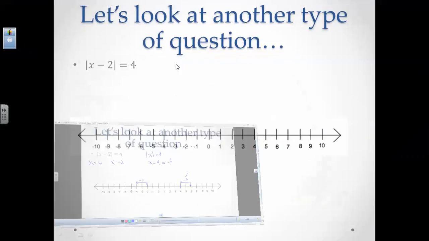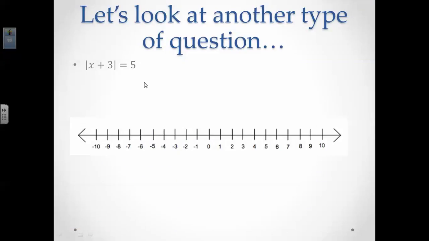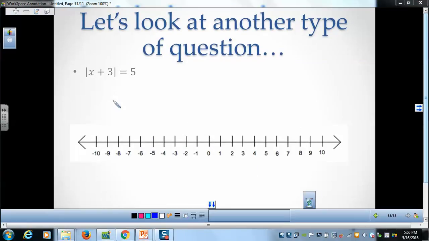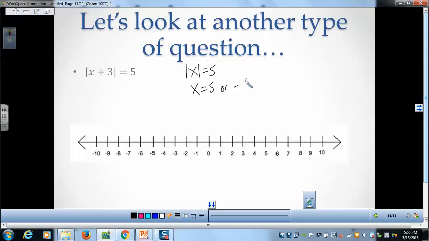All right, let's look at one more of these before I have you do some work on your own. Now, once again, we want to take a number, add 3 to it, and take the absolute value that will give us 5. So if we go back to our simple case, the absolute value of x is 5. We know that that would be 5 or -5.